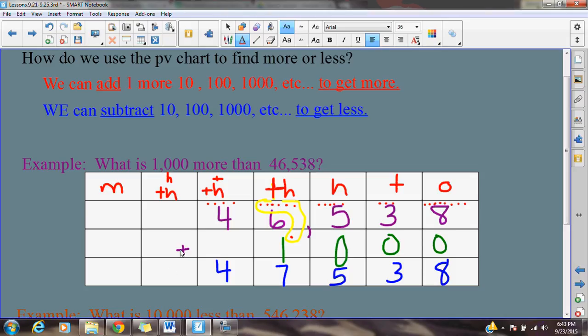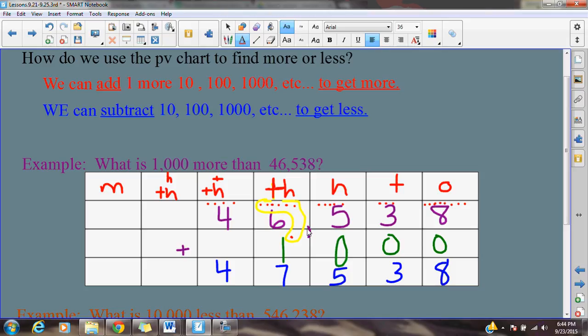So here I have my addition sign because I know I'm looking for 1,000 more, and then I am putting 1,000 more, and because I started there, I know I need to fill in the rest of my places after the thousands with zeros. Okay, not before, but you do need to fill in after. And so I put a little place disc here because I knew I had one more. This yellow circle represents me adding it all together.